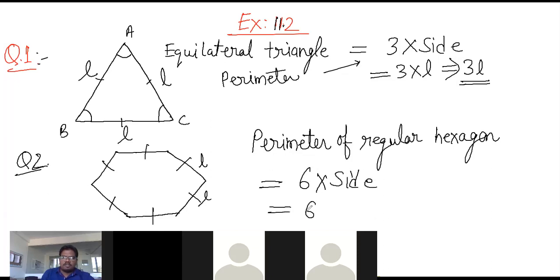That will be 6 into L, so we got 6L. Okay class, take a screenshot of this one, then we will move further. Done? Take a screenshot of this one, beta.